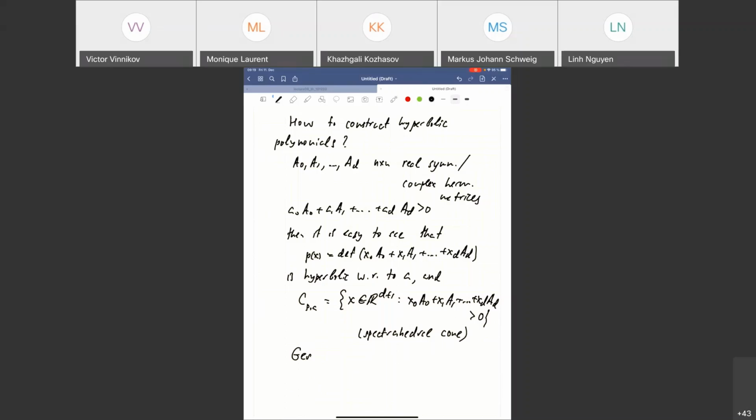The generalized Lax conjecture is that every hyperbolicity cone is spectrahedral.